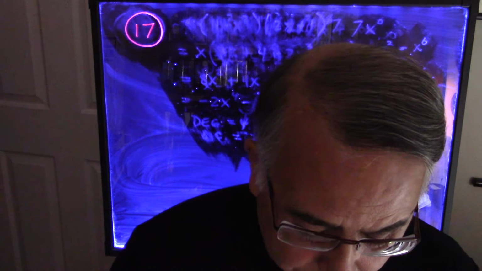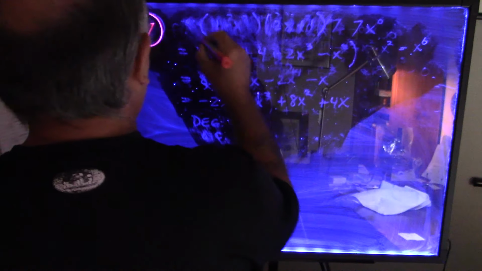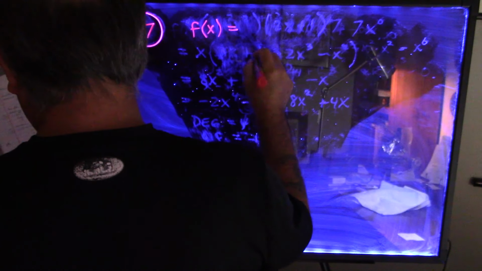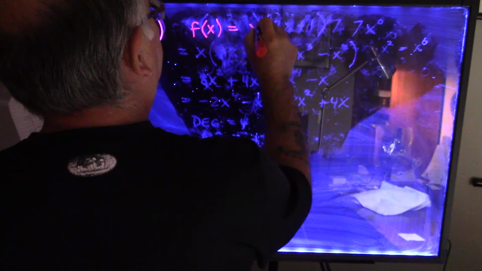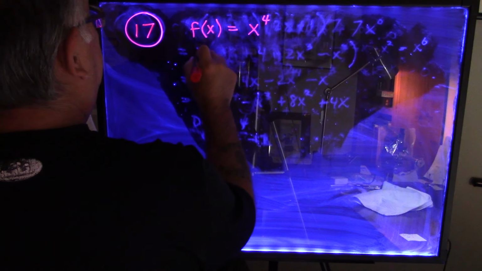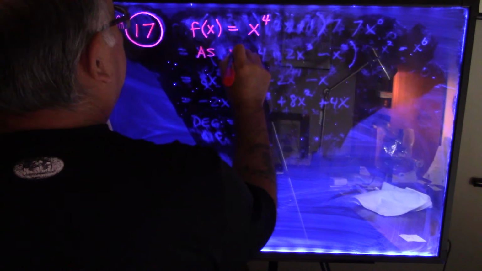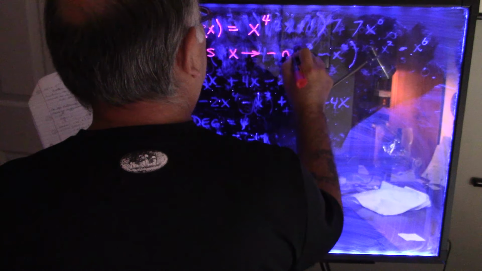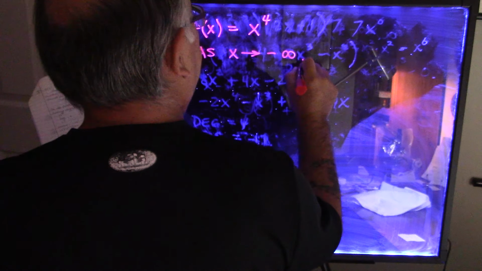Number 17, for the following exercises, determine the end behavior of the function. So we've got f of x equals x to the fourth power. All right, so as x goes to negative infinity, what happens to f of x?